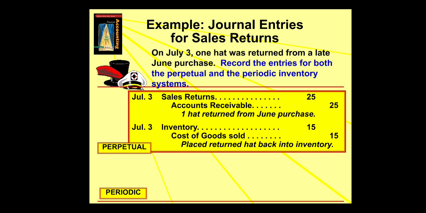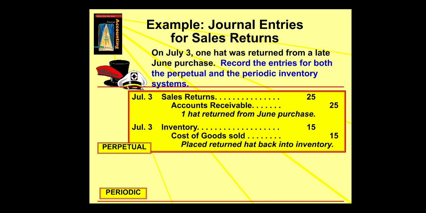Remember in the previous transaction, this business sold something to a customer on credit. So when the business sold that thing to the customer, the business recorded the sales in account receivable. So when the customer returns an item, the business has to reduce the account receivable.